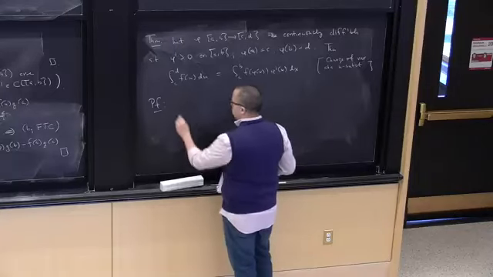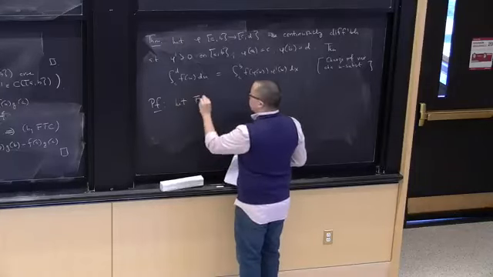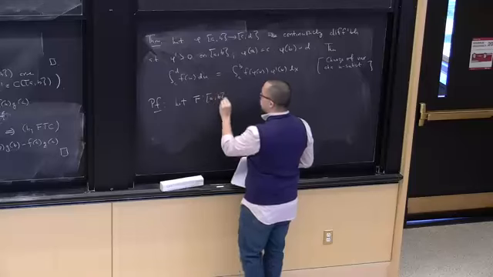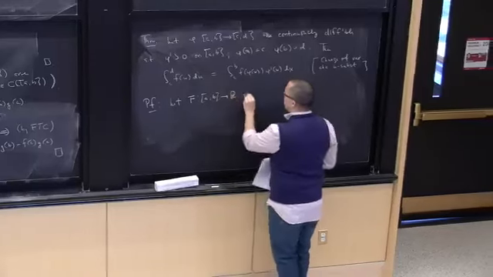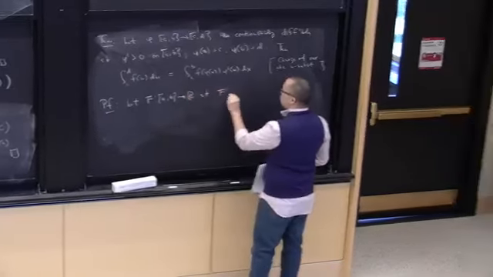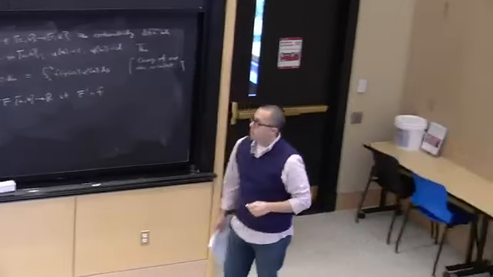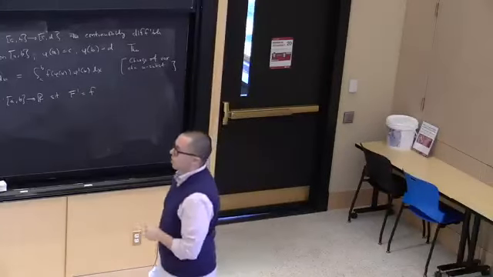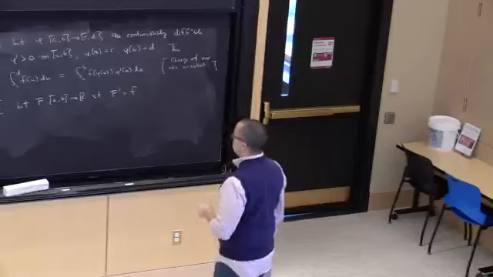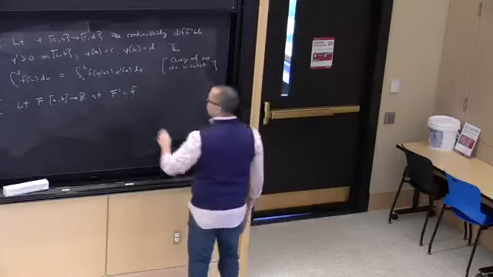That we know. So let F be a function from [a,b] to R such that F prime equals little f. We can always find one by the second part of the fundamental theorem of calculus, right? We can always solve this differential equation up to a constant.